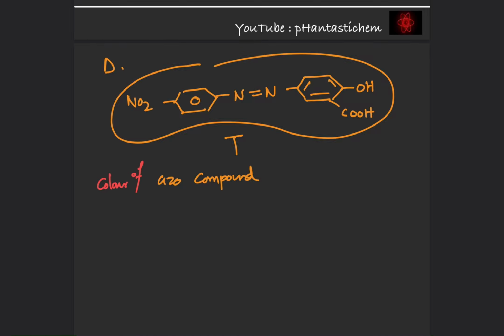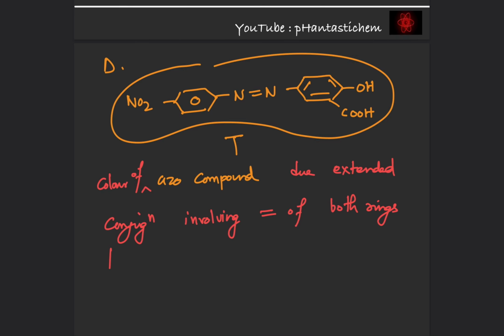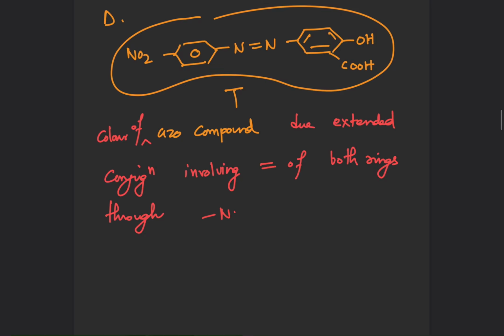Color of azo compounds is due to extended conjugation involving double bonds of both rings through N double bond N.